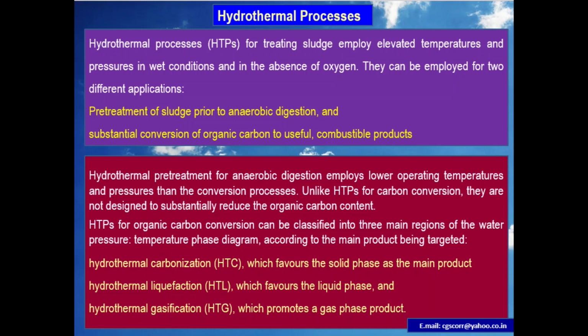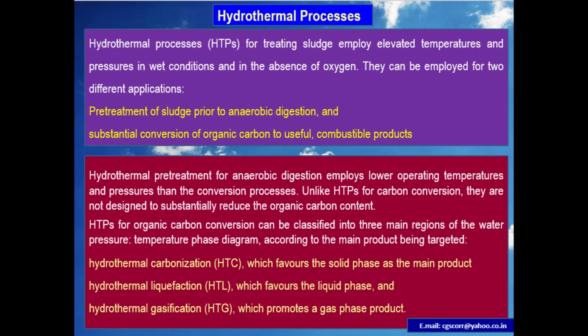One is pre-treatment of sludge prior to anaerobic digestion, and the other is substantial conversion of organic carbon to useful combustible products. Hydrothermal pretreatment for anaerobic digestion employs lower operating temperatures and pressures than the conversion processes. Unlike hydrothermal processes for carbon conversion, they are not designed to substantially reduce the organic carbon content.